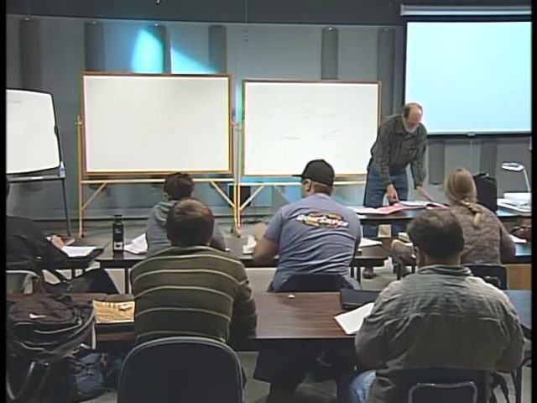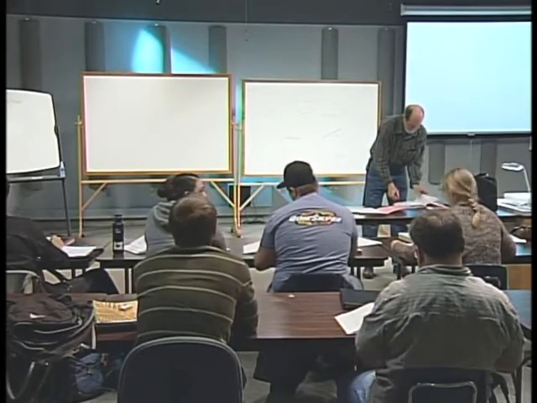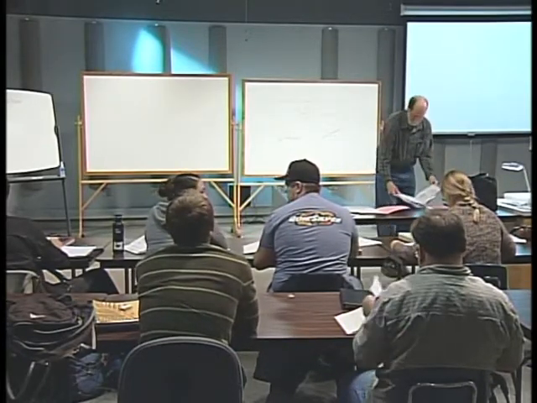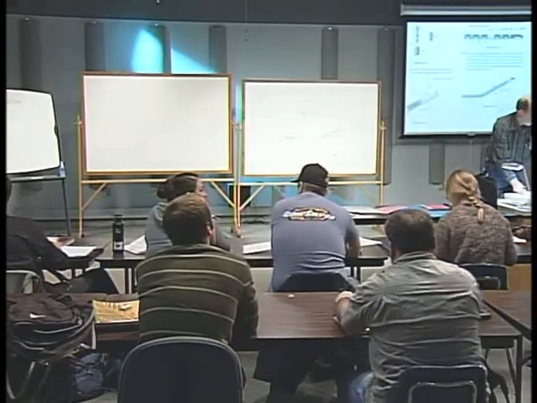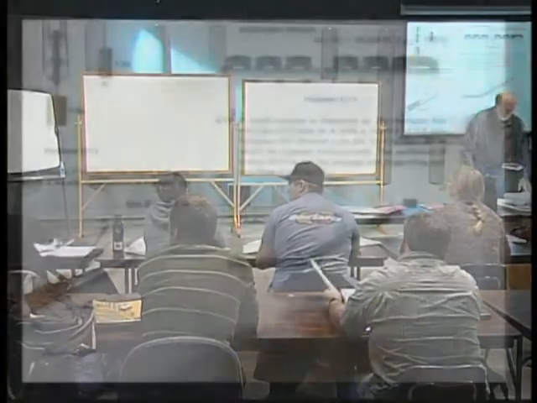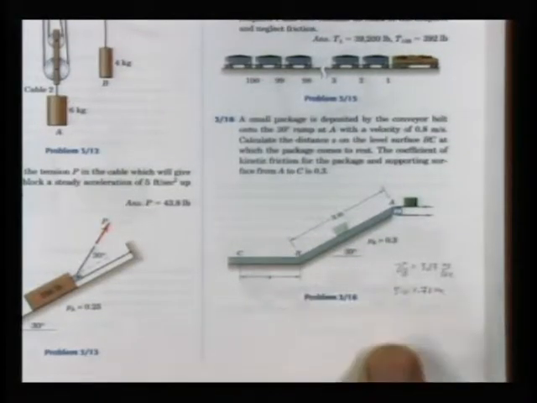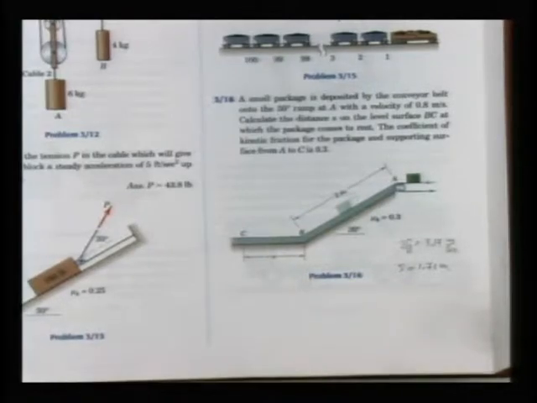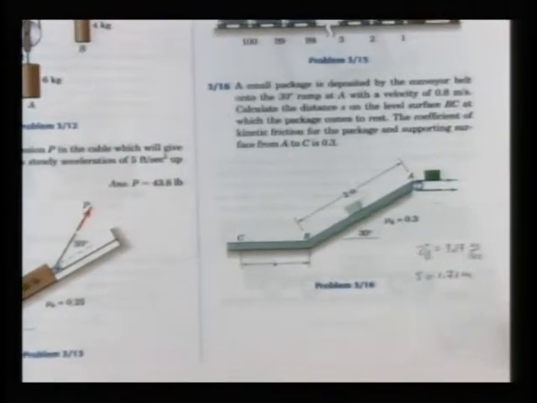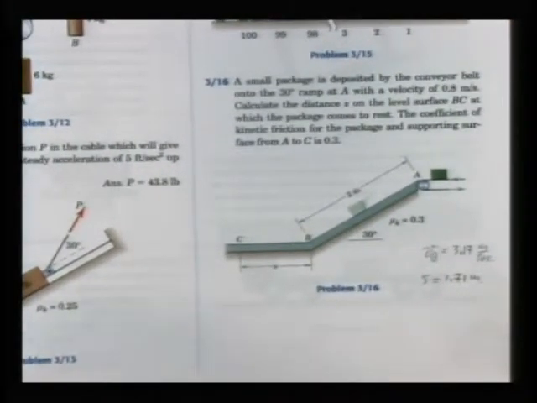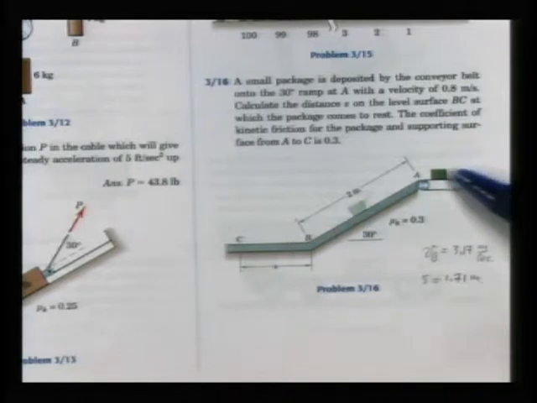Number 16? Yeah. Okay, thank you. Here's number 16 on page 133. It's a nice problem. A small package is deposited on a conveyor belt right here.